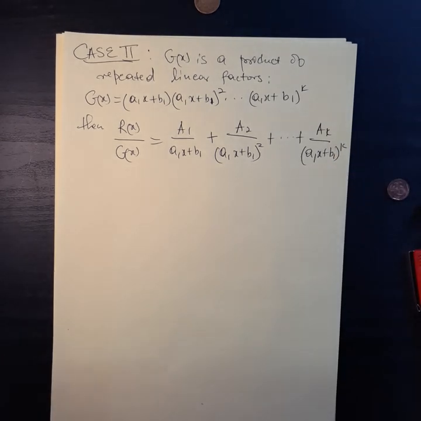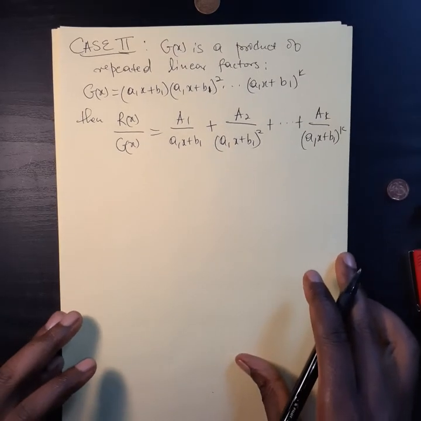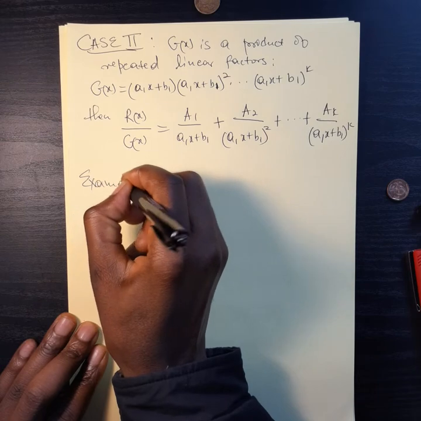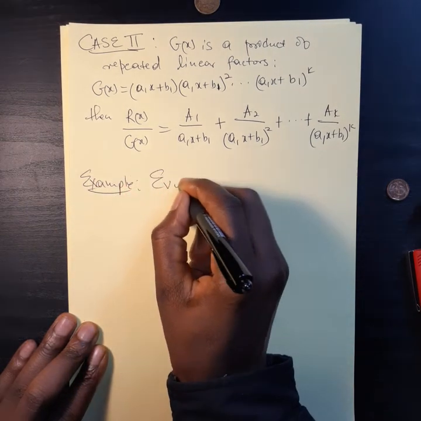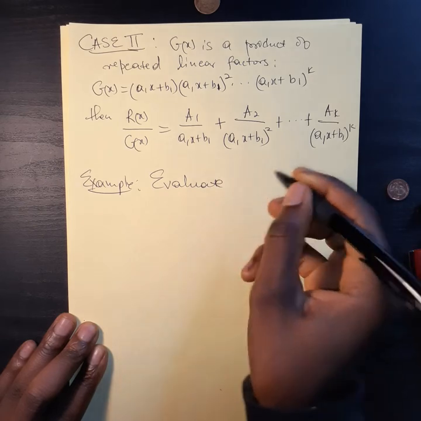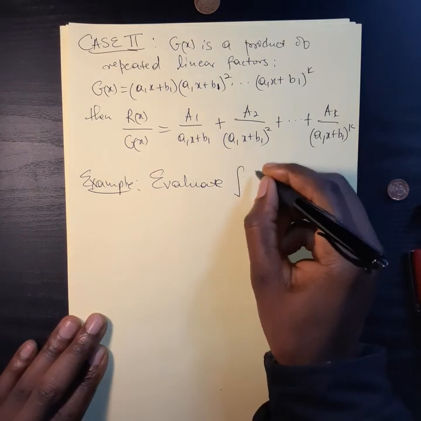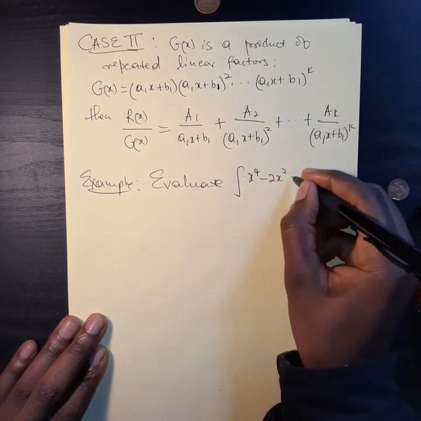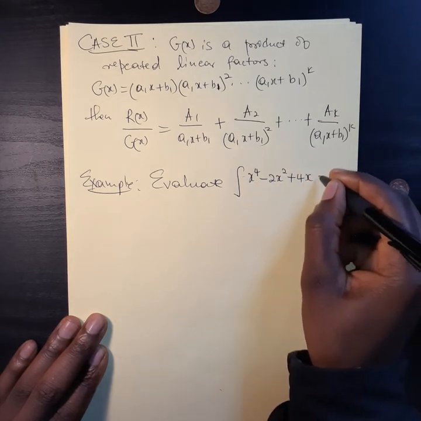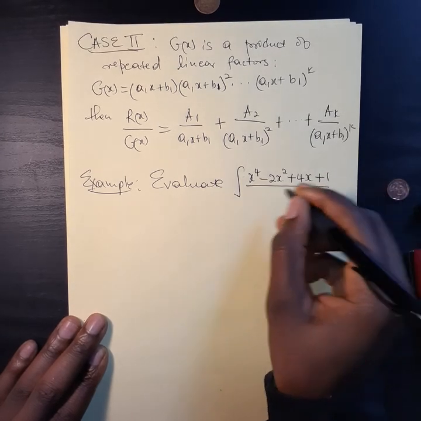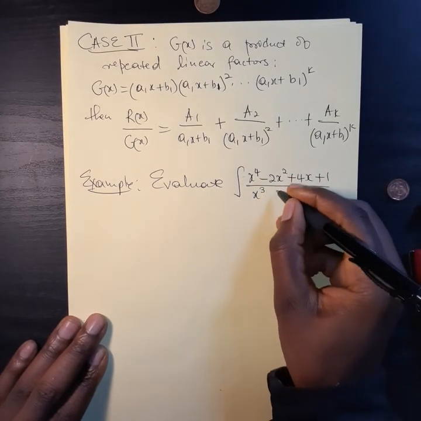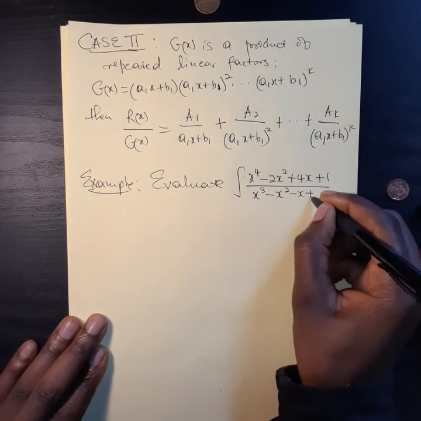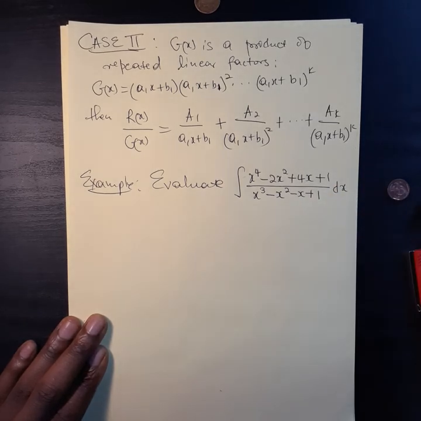Again, let us illustrate this using an example. If we take an example, they say evaluate the integral of (x to the power of 4 minus 2x squared plus 4x plus 1) divided by (x cubed minus x squared minus x plus 1) dx, like that.